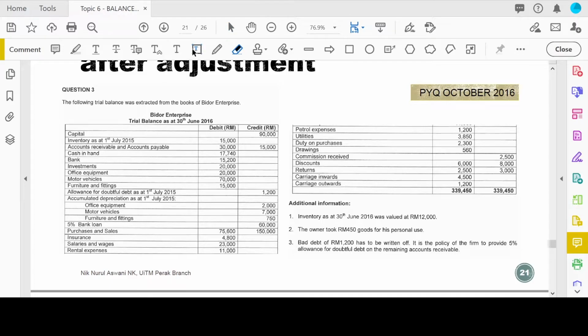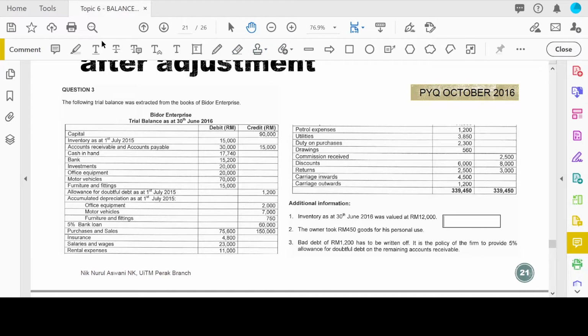So let's look at one by one. I'm going to start with the first one. If we look at the first one, there is an inventory as at 30th June 2016, which valued at 12,000.